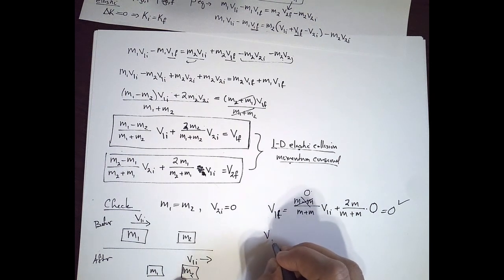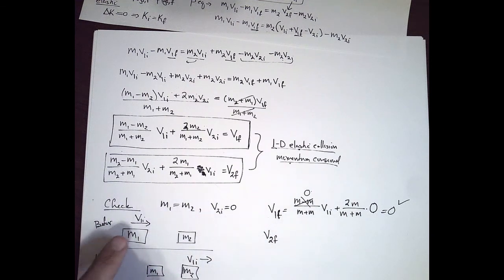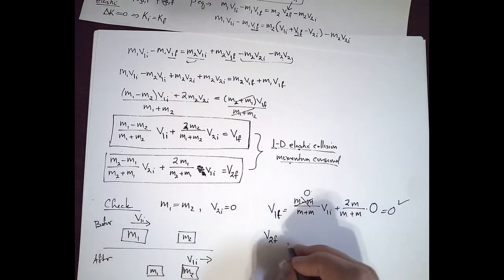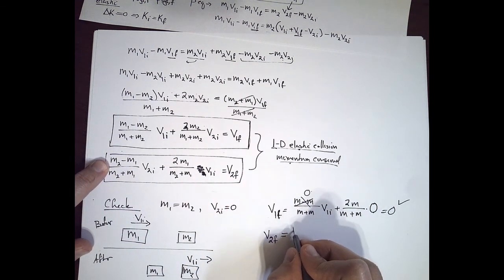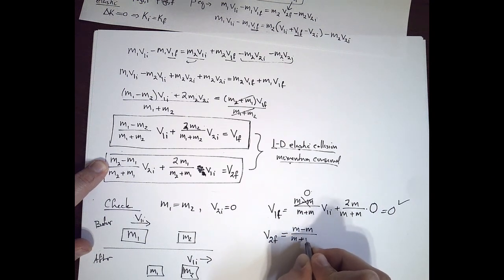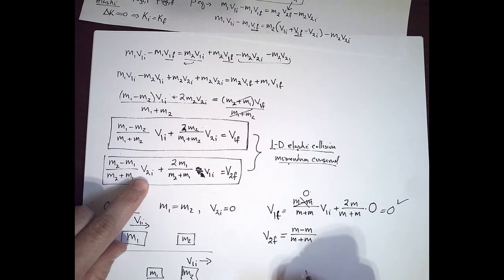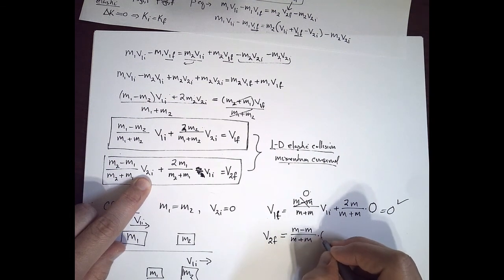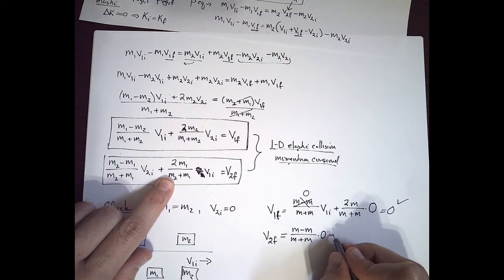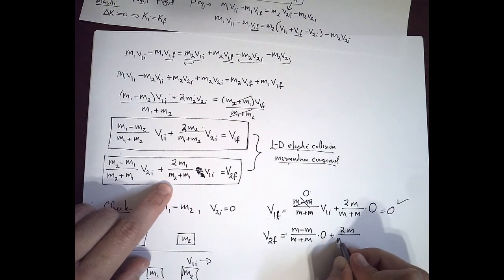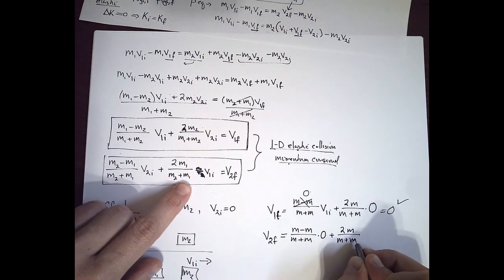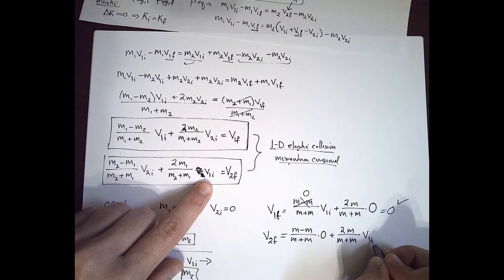Now let's check and see what the second mass does after the collision. We're expecting it to just have the initial velocity of the first mass, so let's see if that's what happens in the equation. All right, here's the equation for it. These masses are the same, so we'll just put in m for both masses. V2 initial, that's 0, so we'll plug in a 0 for it, plus 2 times mass 1, that's m, over mass 2, that's m, plus mass 1, that's m, times the initial velocity of the first one.